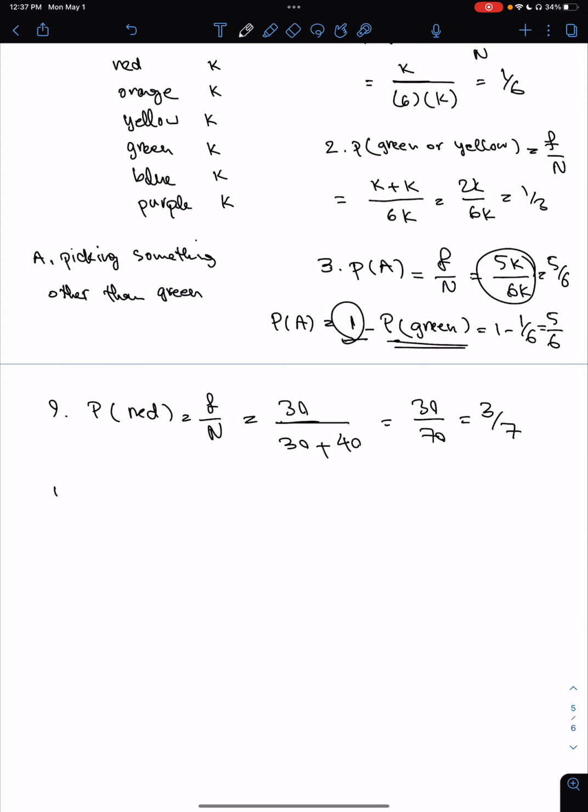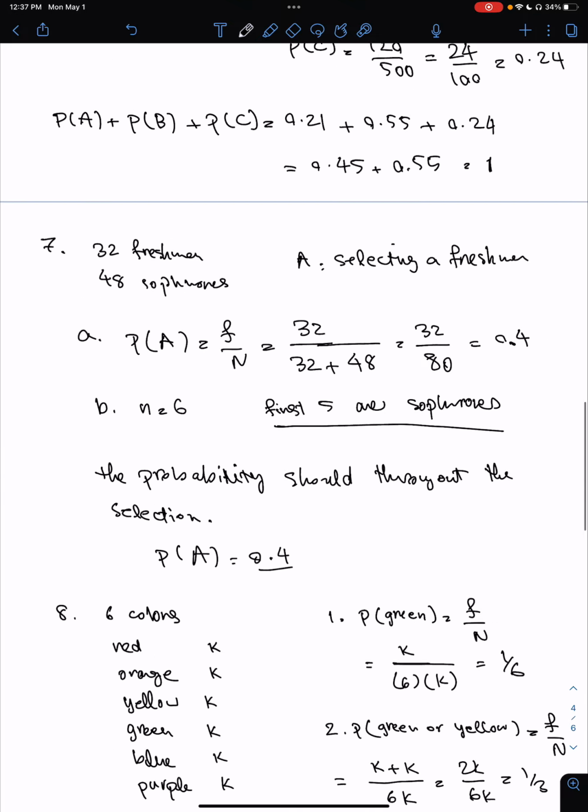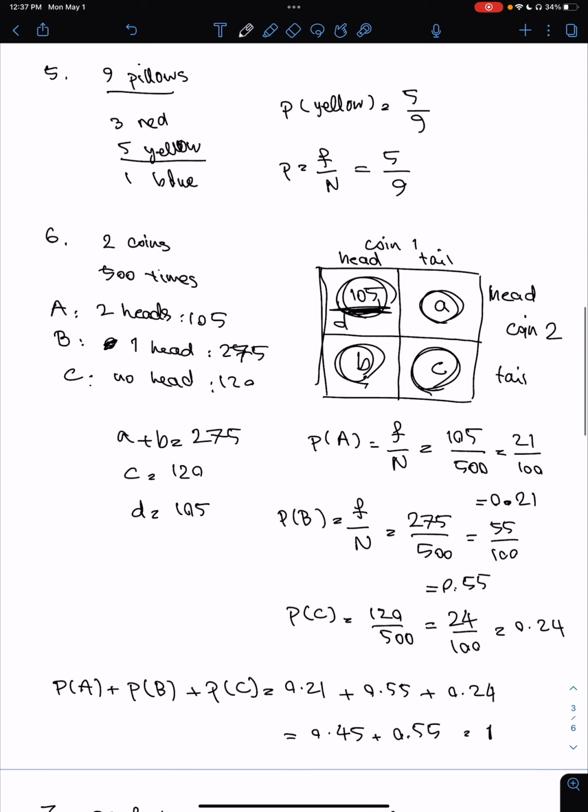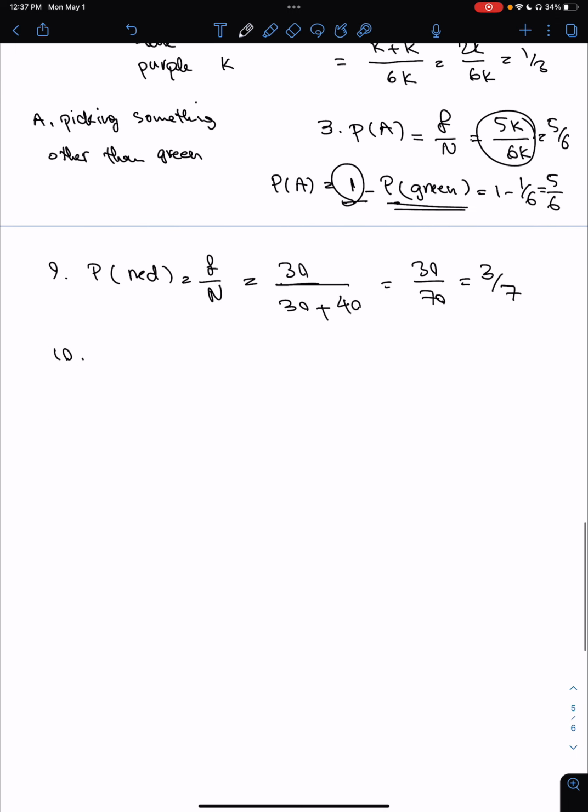And then question 10. If two coins are tossed simultaneously, what is the probability of getting exactly two heads? This is similar to the coin question that we had. I'll make the table again, more like a grid.